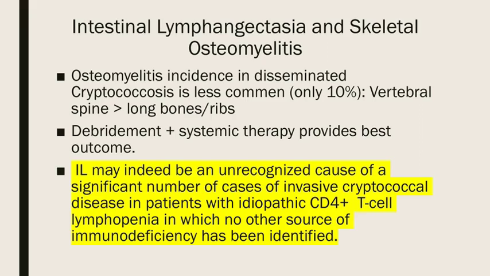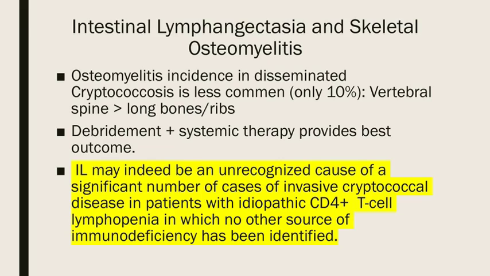So again, intestinal lymphangectasia may be an unrecognized cause of a significant number of cases of invasive cryptococcal disease in patients with idiopathic CD4 lymphopenia in which no other source of immunodeficiency has been identified. And maybe some of you were aware of that, but we were totally blown away when we saw this case because, how many of us think, well, this patient's lymphopenic from loss of lymphocytes and immune factors in the gut, but it can occur.